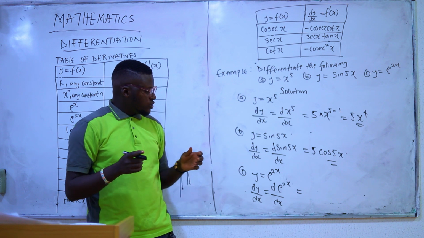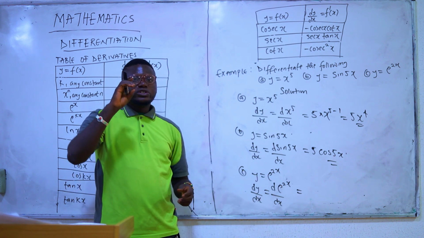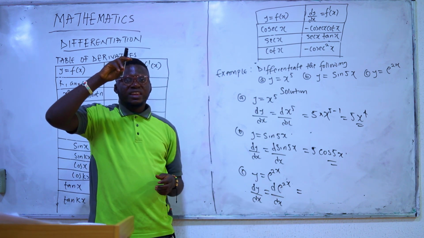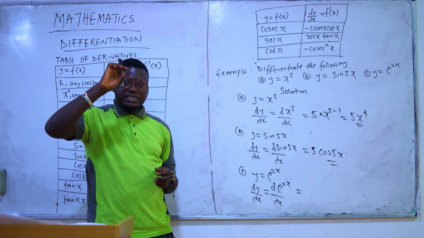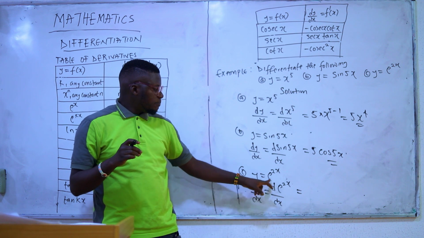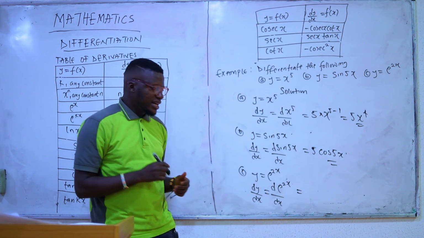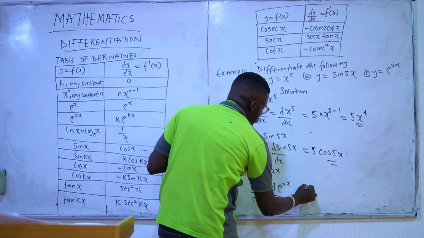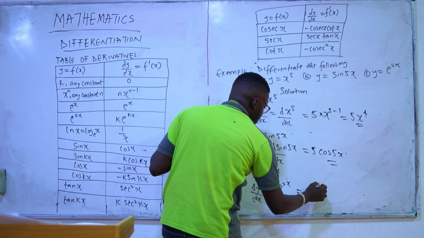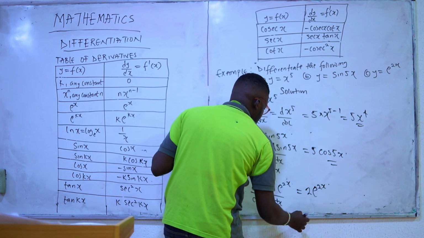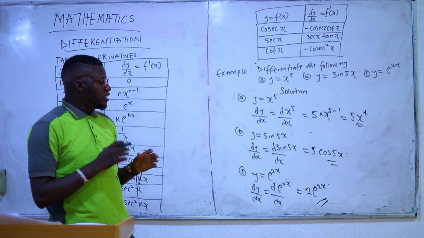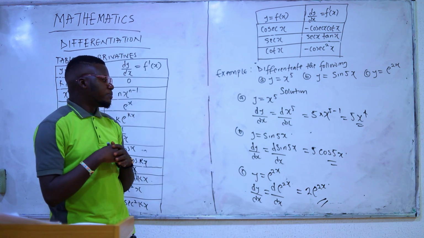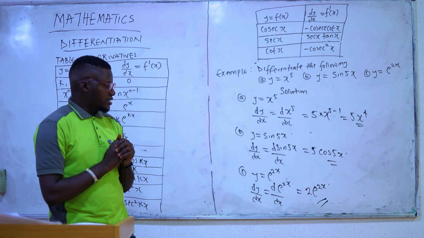All I need to do is pick the power, which is 2x, and differentiate it. The differential of 2x is 2. Then I use it to multiply the exponential back. So the differential is 2 times e raised to the power of 2x.